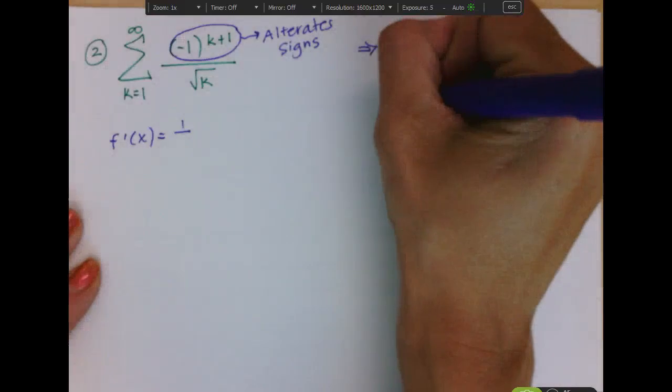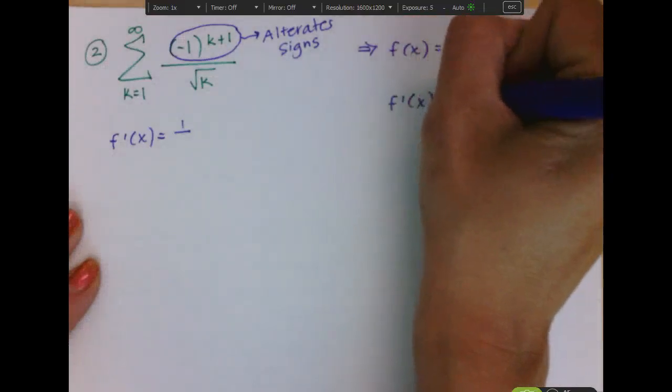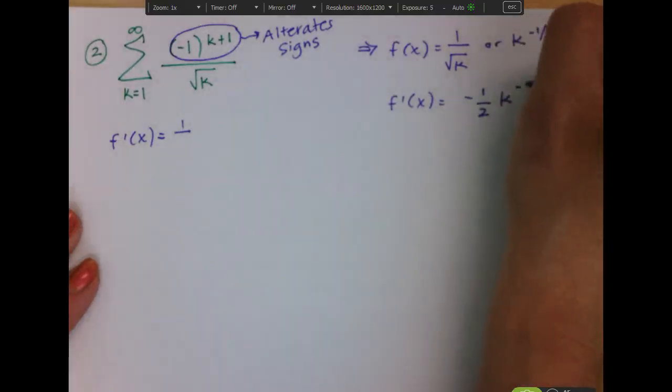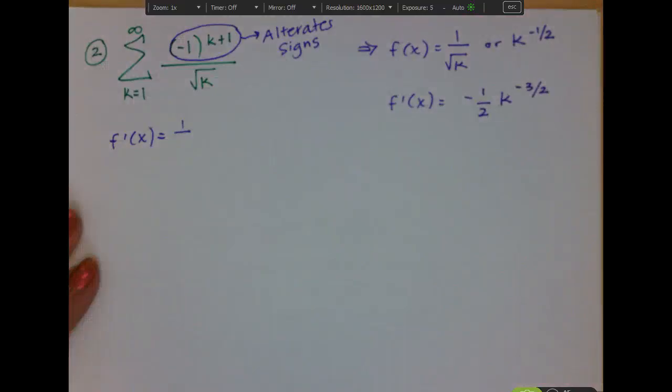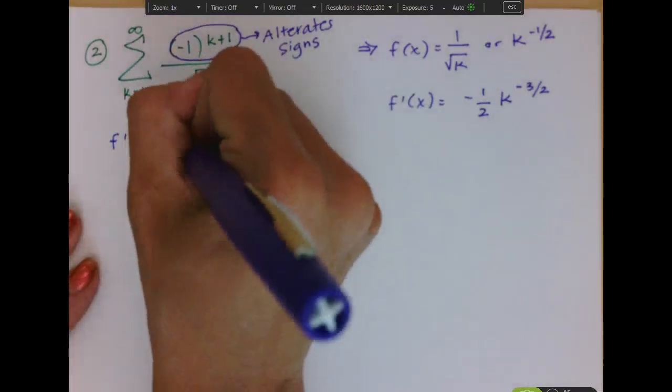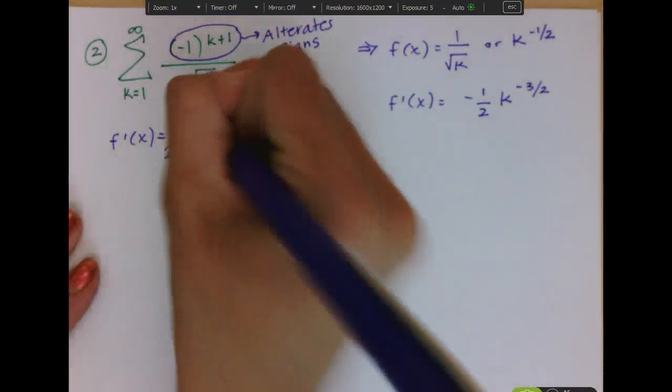If I take the first derivative of k to the -1/2, I'm going to get -1/2 times k to the -3/2. And so I can also write that as -1 over 2 times the square root of k cubed.